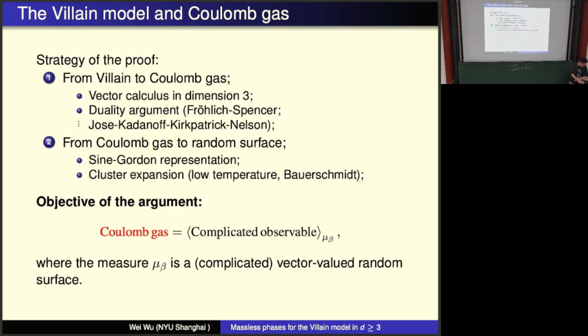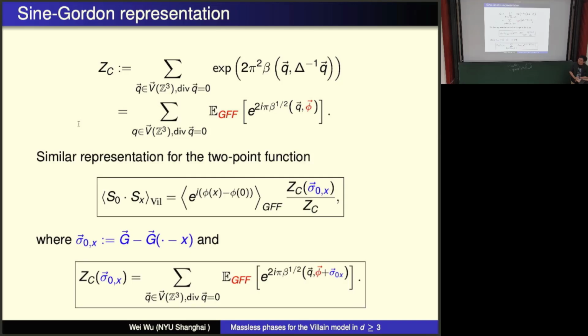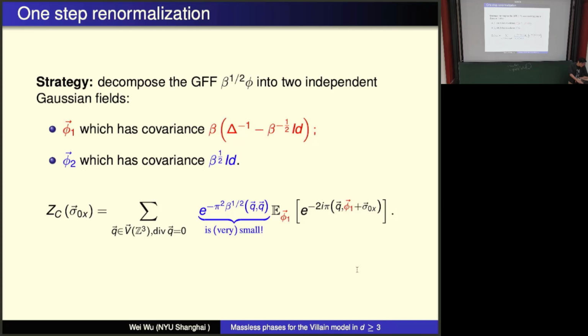You can also have some object coming out of the 2-point functions, which is some 2-point function of GFF times the ratio of 2 partition functions, where the one above is basically like a Coulomb gas, but has a positive source and negative source. Okay, there's a difference of the 2 Green's functions, so you can also write it in terms of some GFF expectations. And now with the GFF expectations, you can do some one-step renormalization so that you can decompose it into a local field and a smooth field.